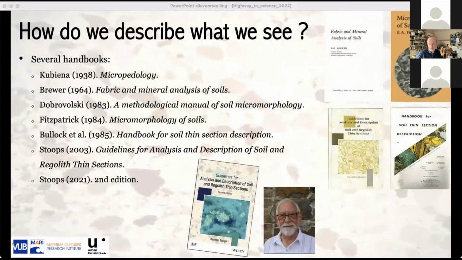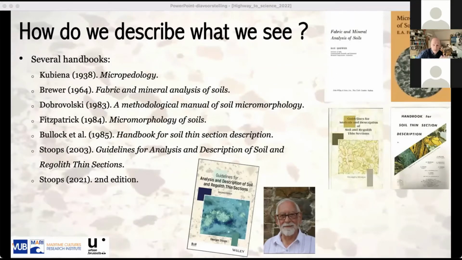And of course, in order to describe this microscopic universe, we need some guidelines. How can we basically describe what we see? Over the last century, there have been several guidelines developed. The international standard became the work of George Stoops, of which you see a picture here, who sadly passed away last month.